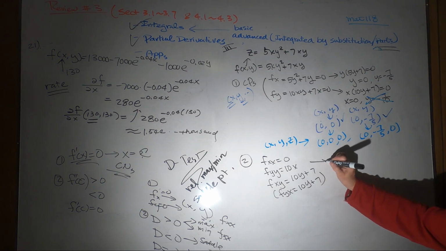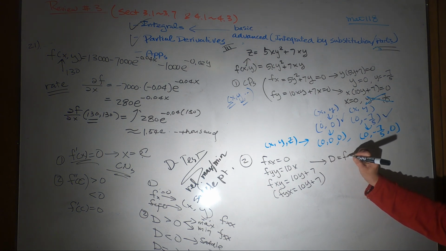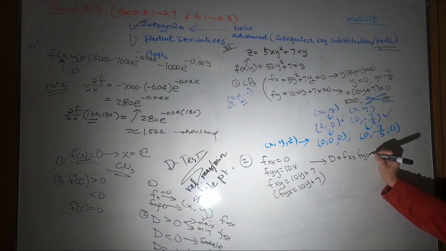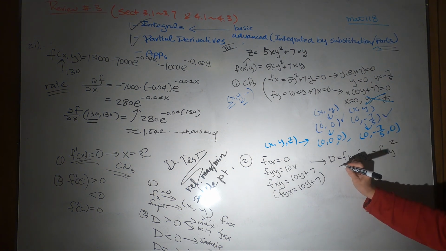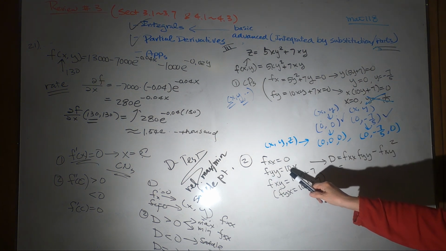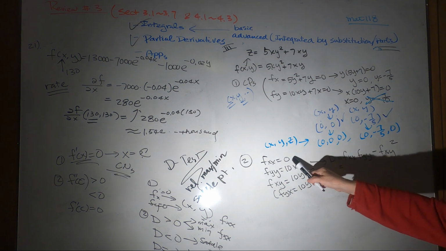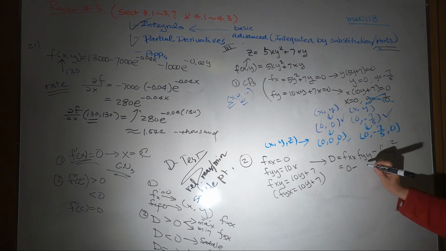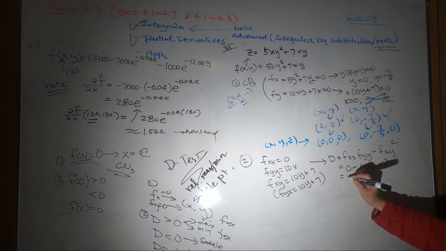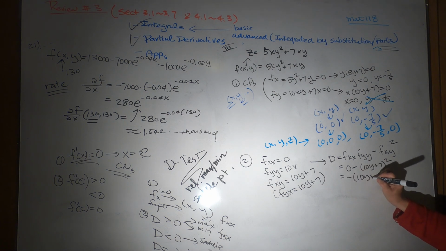So D equals f_xx times f_yy minus f_xy squared, right? f_xx times f_yy is 0 times 0, which is 0, minus f_xy squared, which is (10y plus 7) squared, so it is negative (10y plus 7) squared, right?